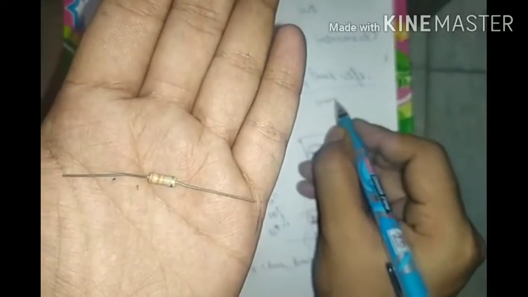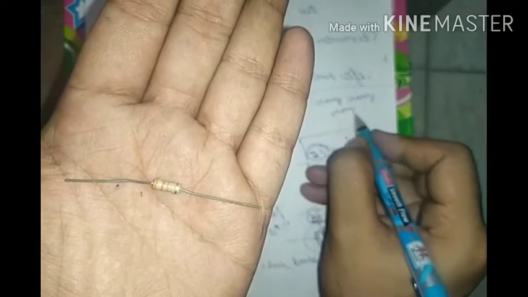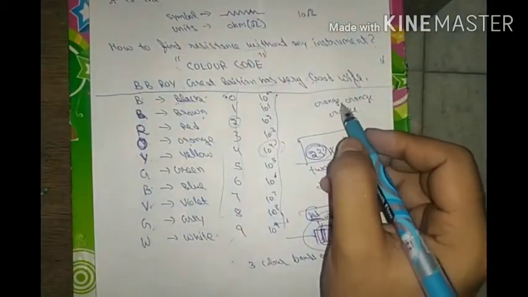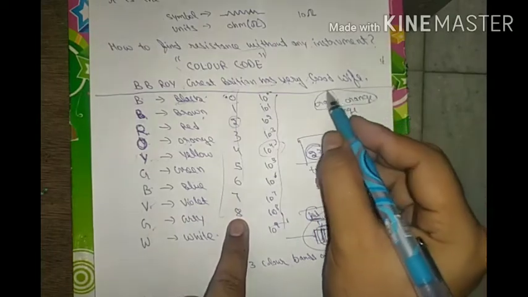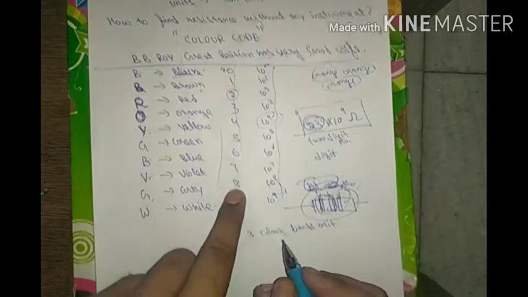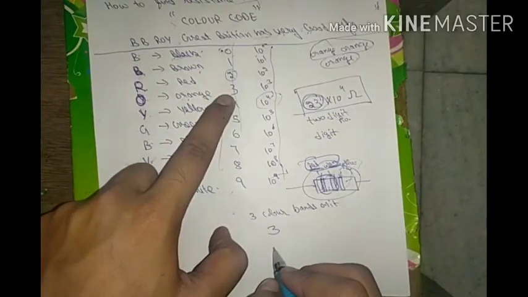The first color is orange. Second color is orange, and third color is orange. Clear students? So all three colors are orange. The first two colors make the digit, and the third color makes the power of 10. As the first color is orange, the digit is 3.